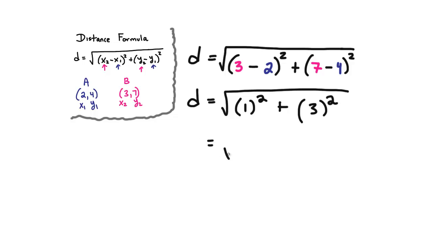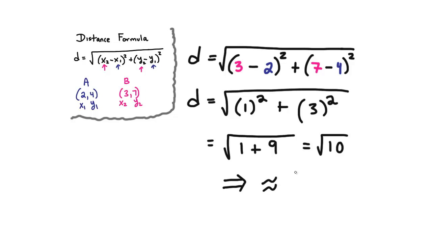So now we're left with the square root of 1, because that's 1 squared, plus 3 squared, which is 9, and that's equal to the square root of 10. Okay, so the square root of 10 is approximately 3.16. So the distance between points A and B is approximately 3.16.